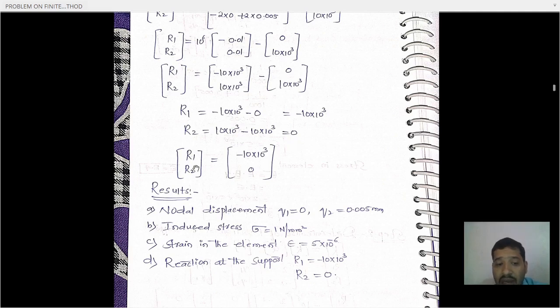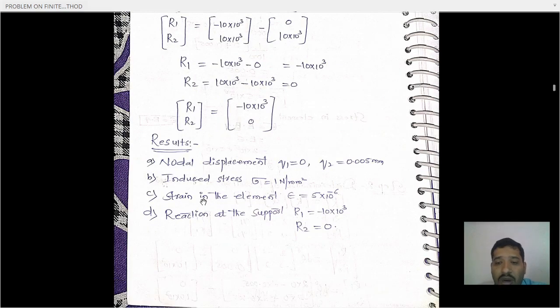So in matrix form, R1 R2: the normal reaction at point 1 is minus 10 into 10 power of 3, and the normal reaction R2 is 0. The conclusion is that the nodal displacement Q1 is 0 and Q2 is 0.005 mm.